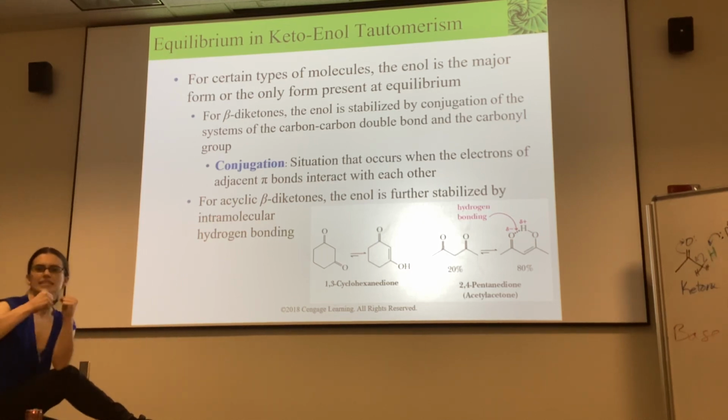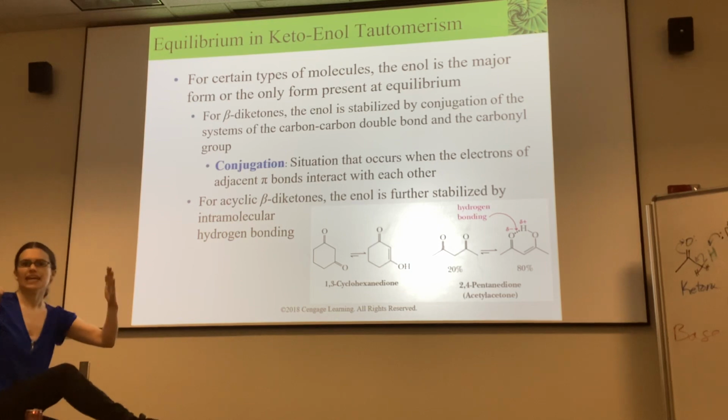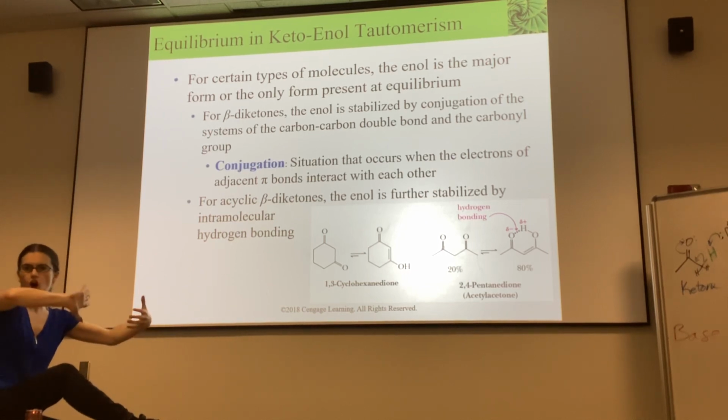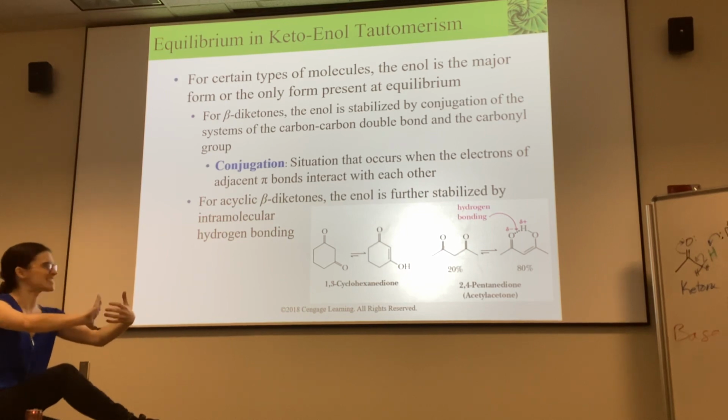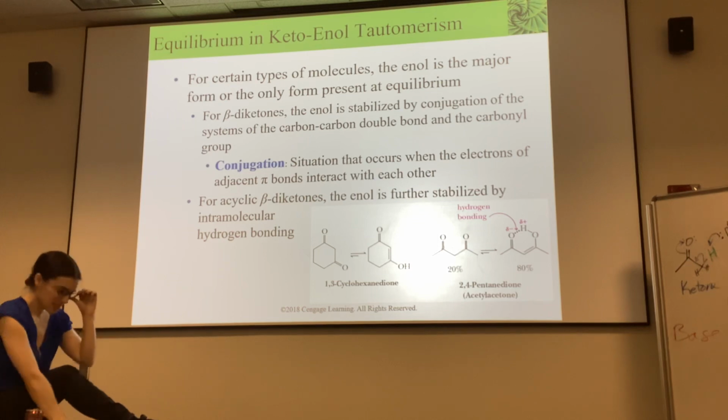Because actual bonding is much closer than intermolecular forces, right? Intermolecular forces are between molecules. Hydrogen bonding is generally a type of intermolecular force, so hydrogen bonding is strong and close together, but not as strong or close together as an actual covalent bond, right?